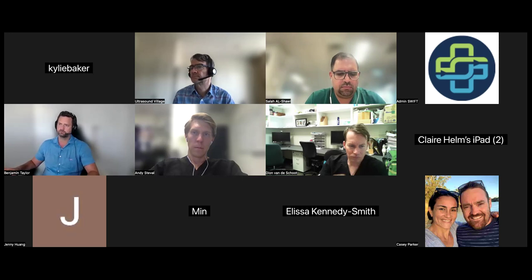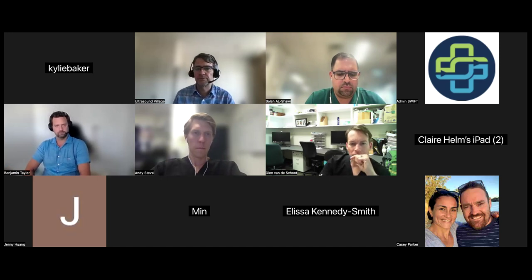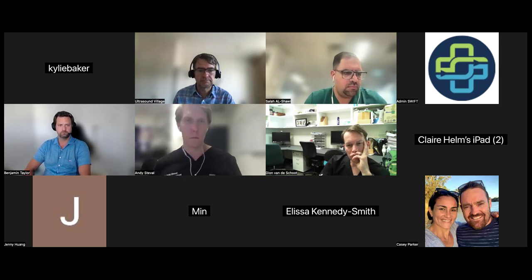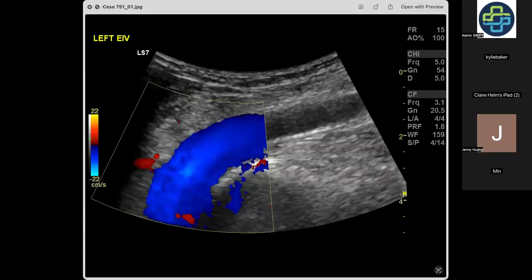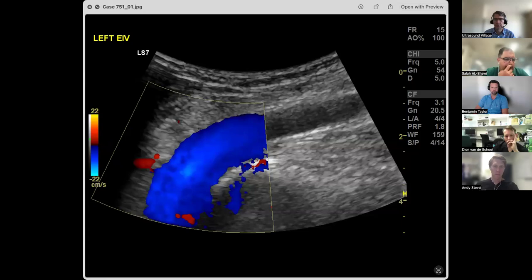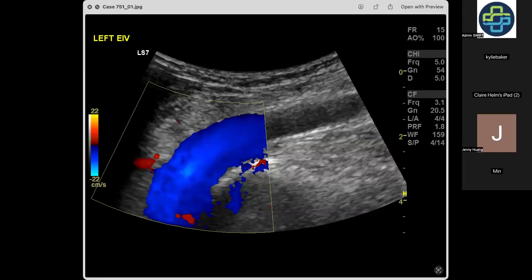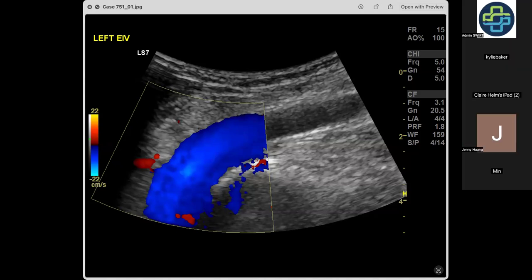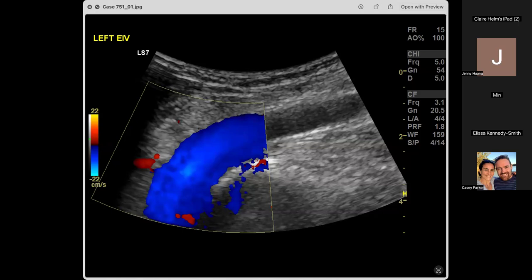I'm going to show you this one instead. Actually, I must admit the pictures aren't quite as pretty, but let's have a look. Who are we up to? Let's swap the order around a little bit. I've got Claire, Jenny, and Min. Does anyone want to volunteer?